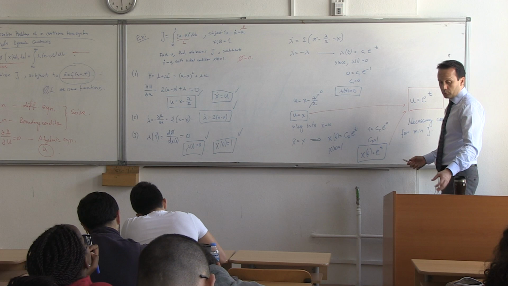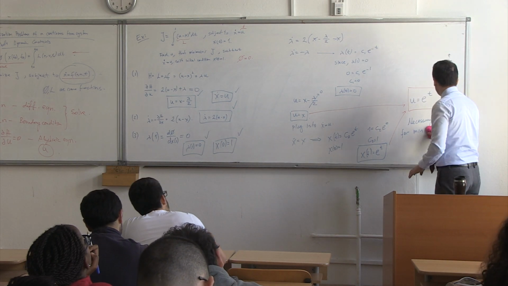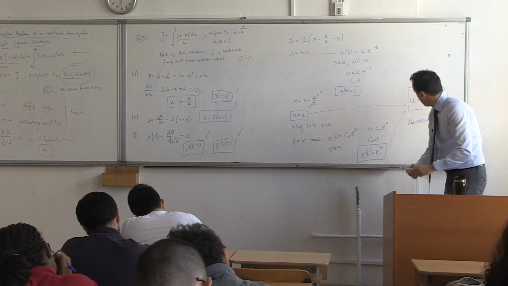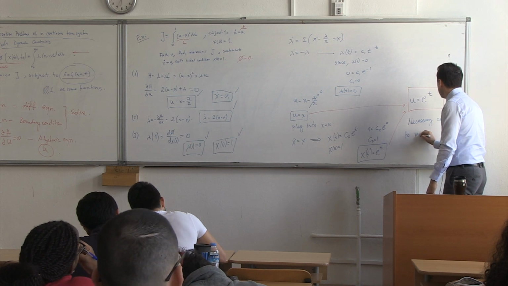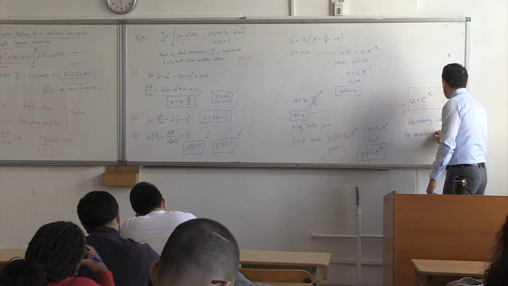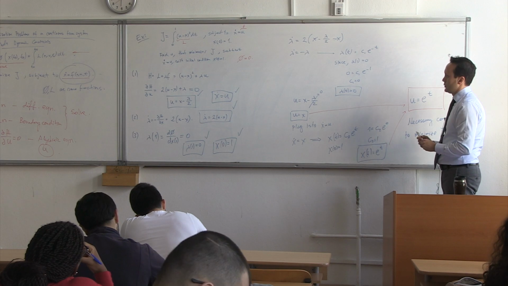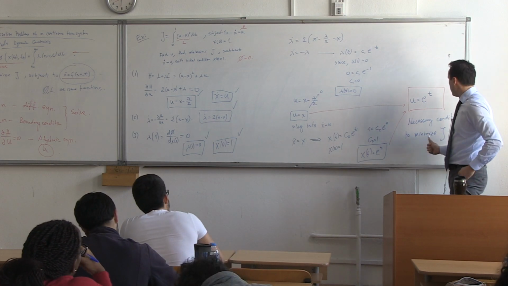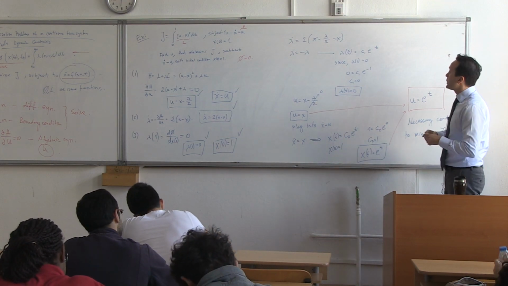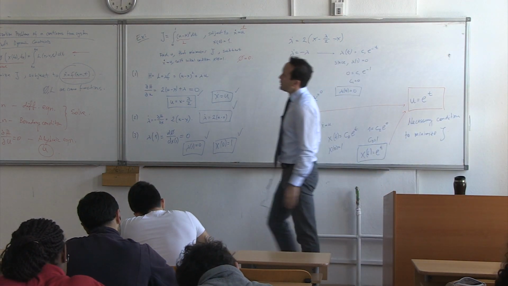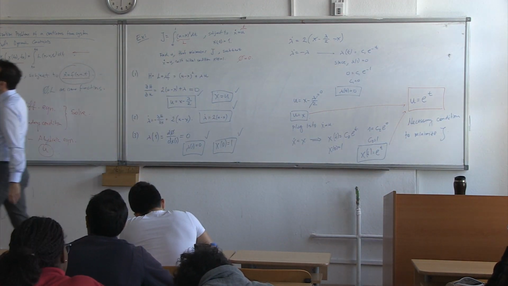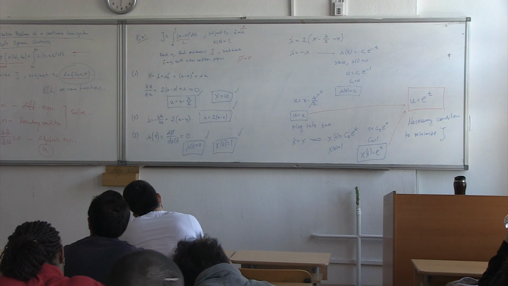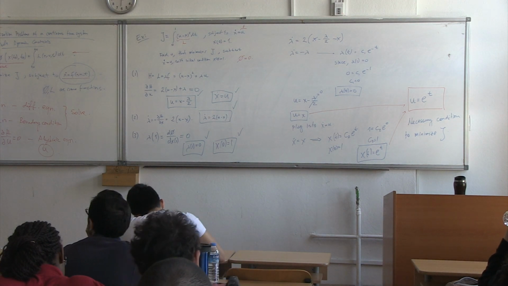Or to minimize, for a minima, we are going to minimize j. Why do I call it the necessary condition? Because we have been only looking at the first variation. So we looked at the first variation and then we set it equal to 0.